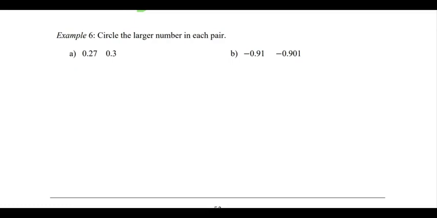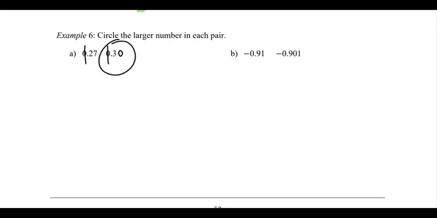So one thing that you can do is add the 0 here, so you have an equal number of digits after the decimal point. Then you're looking at 27 and 30, so 0.30 is the larger number. Okay.